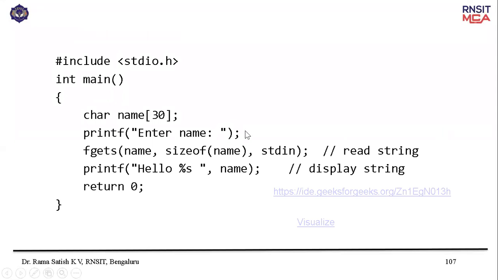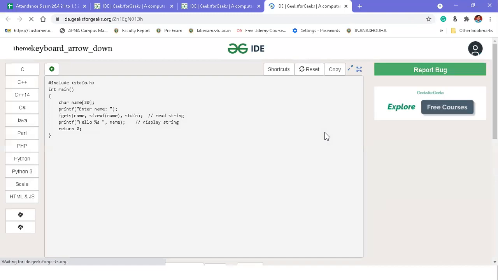Based on this, we have one example. Look at here. We are trying to read a name, using fgets, getting it from the standard input, and displaying hello name. You are just displaying. The same program is there on this particular website, and you can see the program is already typed.